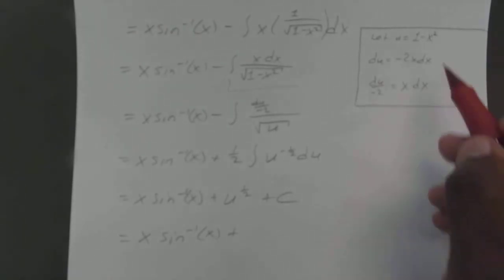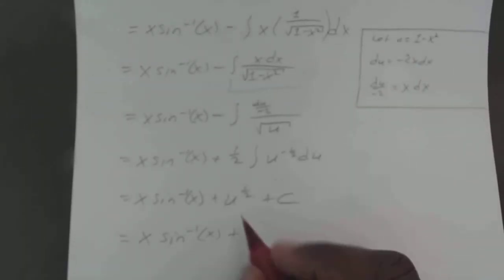Now we just plug back in our u. This is x sine inverse of x plus our u, which is square root of 1 minus x squared. That would just be 1 minus x squared, because you left the square root in. Oh no, that's because before it was negative u to the 1/2, but then when you add 1, it became positive. U is just 1 minus x squared, it's not the square root of that.